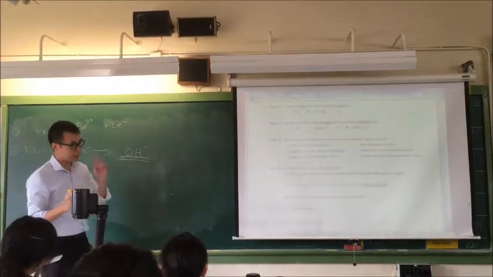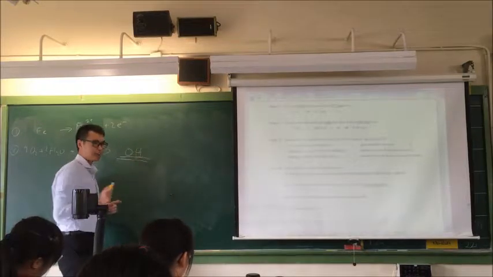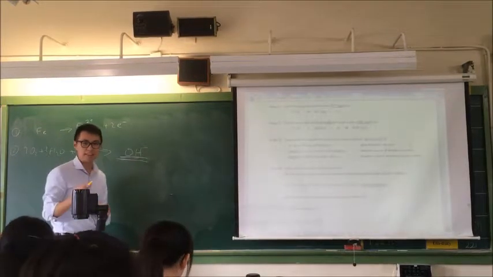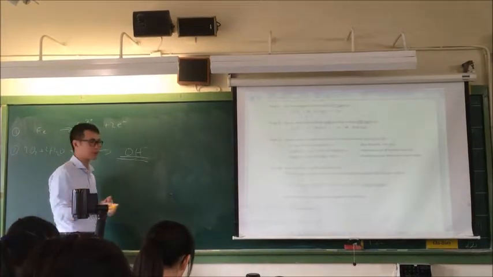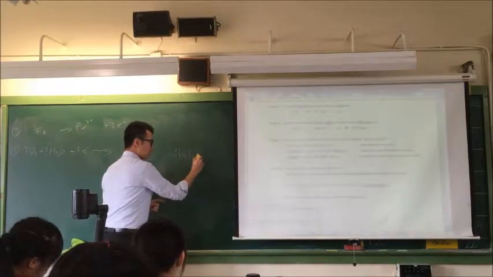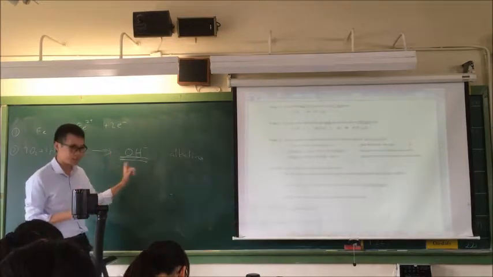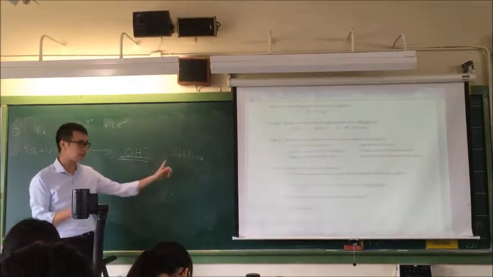Okay, and maybe you can put a note right here. OH minus. OH minus is the species that is responsible for the alkaline property. 碱性. Okay, when something has hydroxide ion produced, it is alkaline.